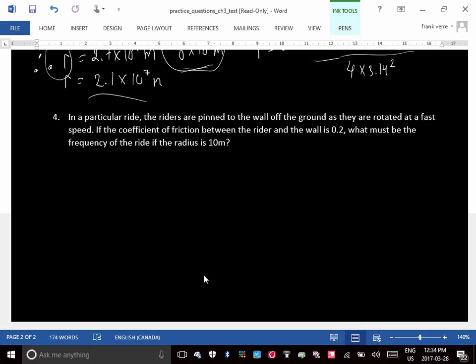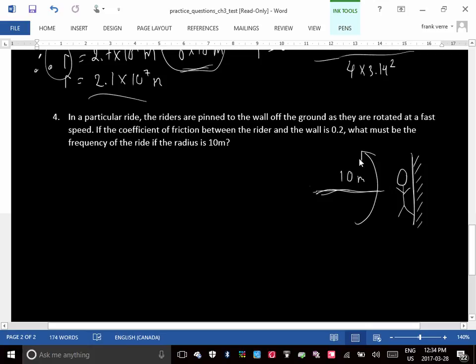The riders are pinned to the wall, so that means that they won't slide down. Okay. So imagine that this is the rider, and this is the wall, and the radius is 10 meters. So the ride is turning like this, okay?